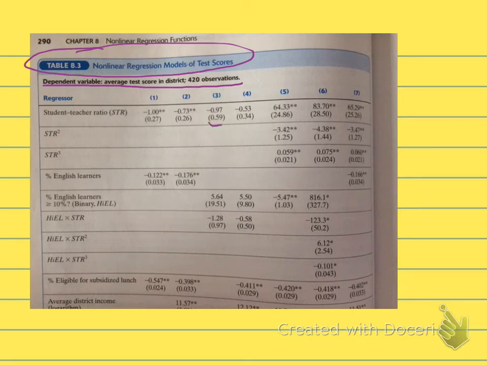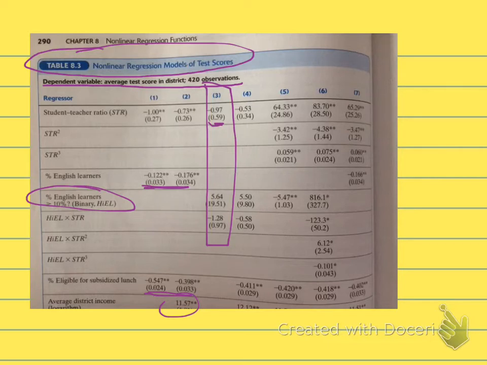We have the student-teacher ratio entered, but we don't have English language learners. We don't have the percent eligible for free lunch. We don't have the income in the school district. So it's a stripped-down, nonlinear version with just the student-teacher ratio, a dummy variable for the percent English language learners, and an interaction term for the percent English language learners times the student-teacher ratio.